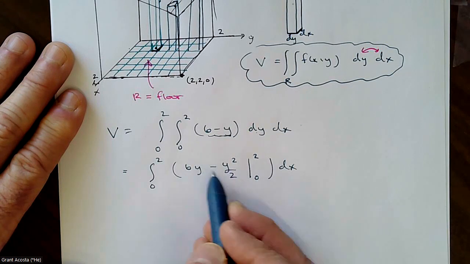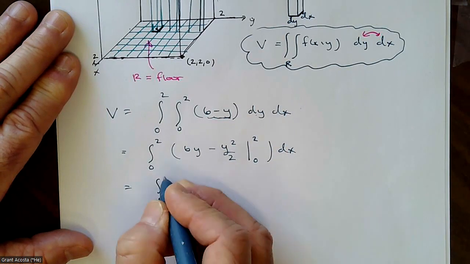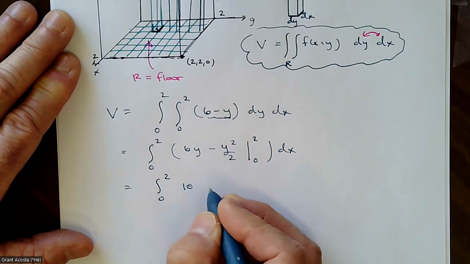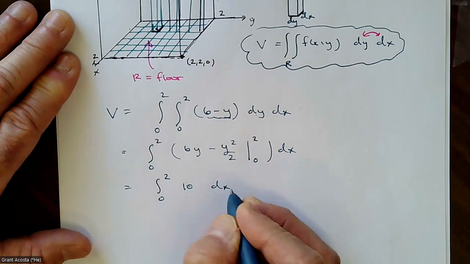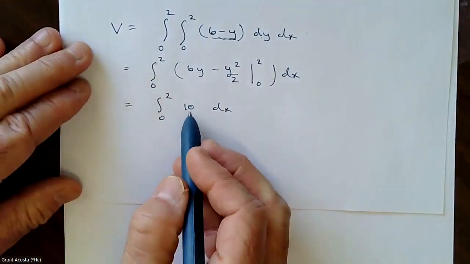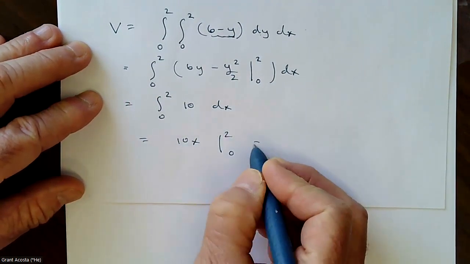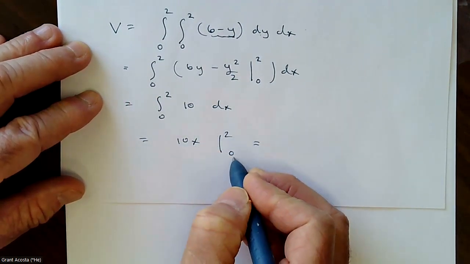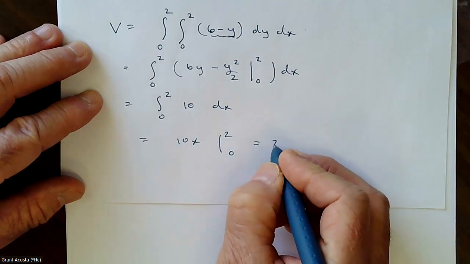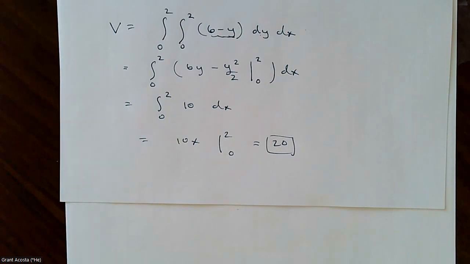And then, of course, if I plug in 0, I get nothing. So then this is just going to be the integral from 0 to 2 of 10 dx, which integrates to 10x from 2 to 0. If I plug in the 2, I get 20 minus, if I plug in the 0, I get nothing. So the answer is 20.